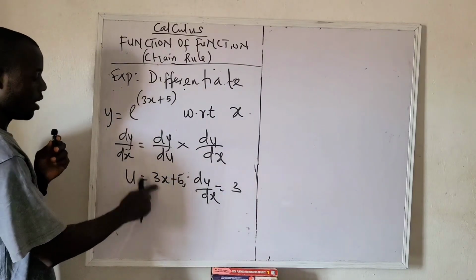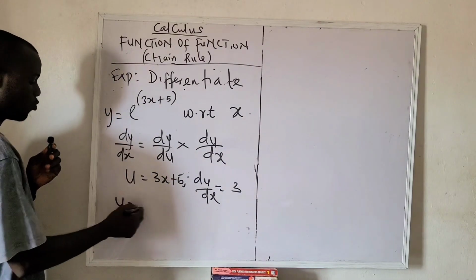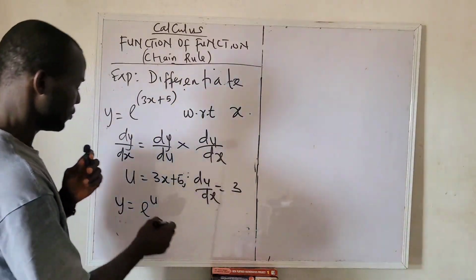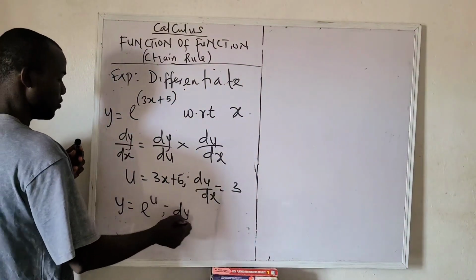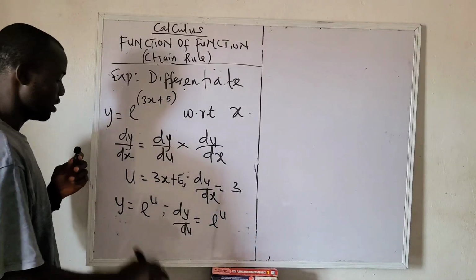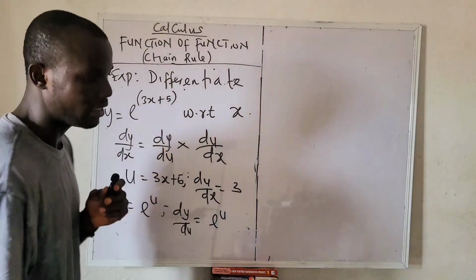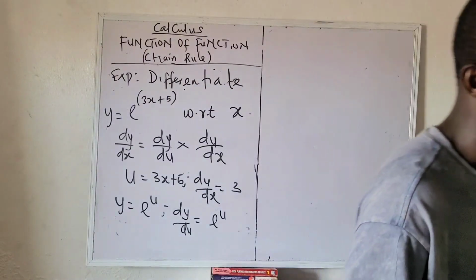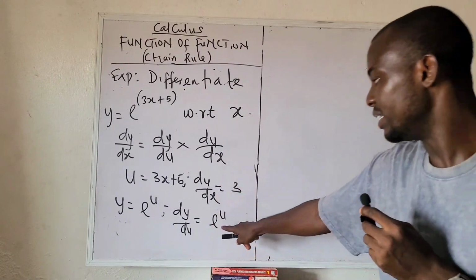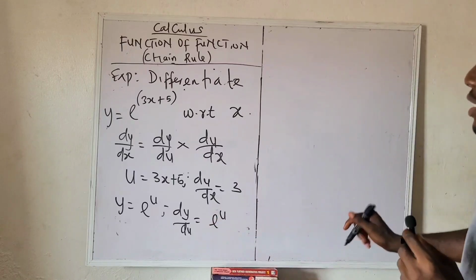Now, our y will be e raised to the power u, and the derivative dy over du is still e raised to the power u. This is an exponential function. If you derive it, it doesn't change.